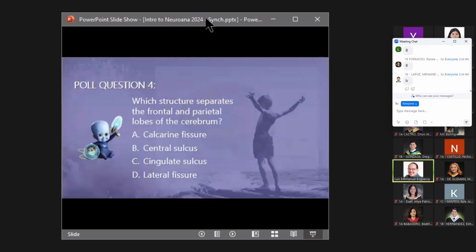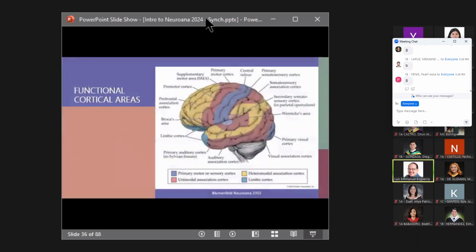Now, there are different areas in the cerebral cortex associated with specific functions: sensory, motor, speech, vision, etc. These are called functional cortical areas and they have different terms. May primary, may secondary, may association. You will learn all that in more detail in the lecture of Dr. Rivera next week on the cerebral cortex.